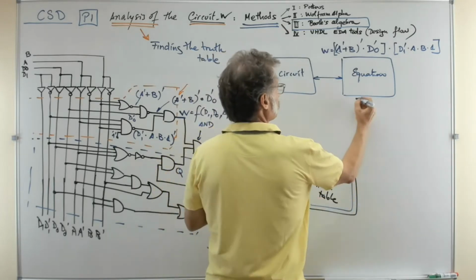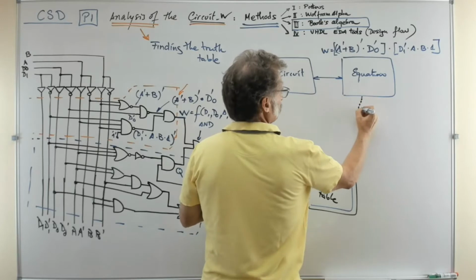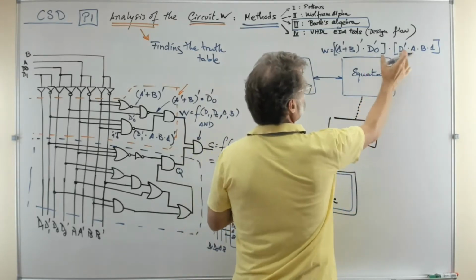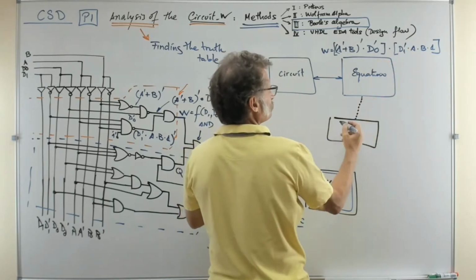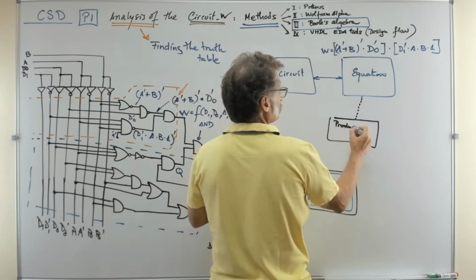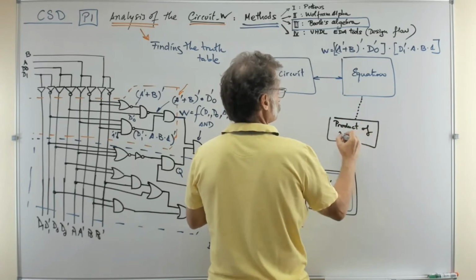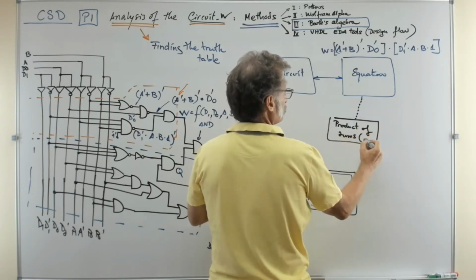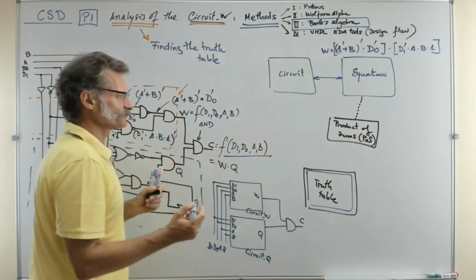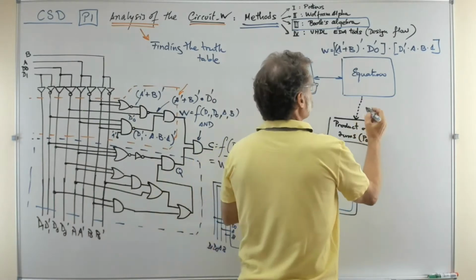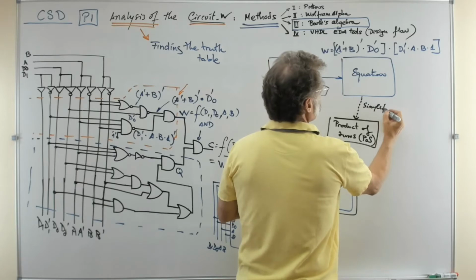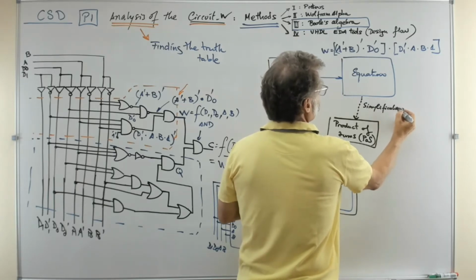In which way? Well, for example, like this. You see here you have a lot of products, so perhaps it's going to be good to find what is called a product of sums. The product of sums, this is POS, that's what is interesting to find here, by means of simplification using algebra.